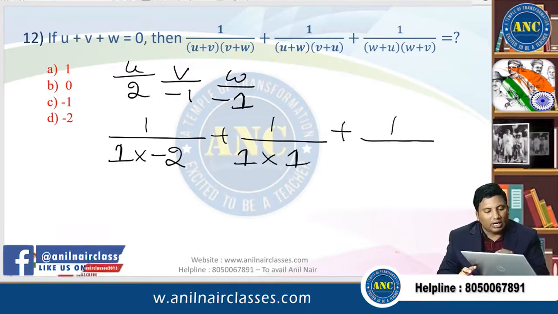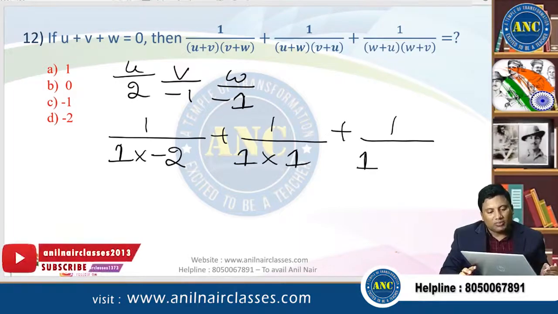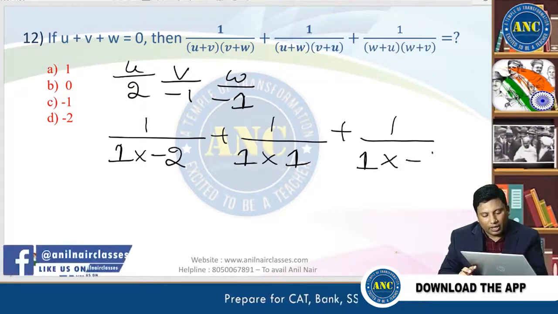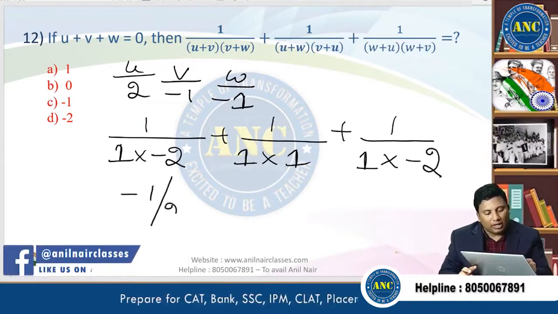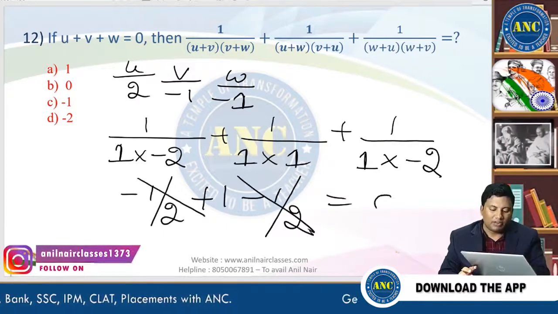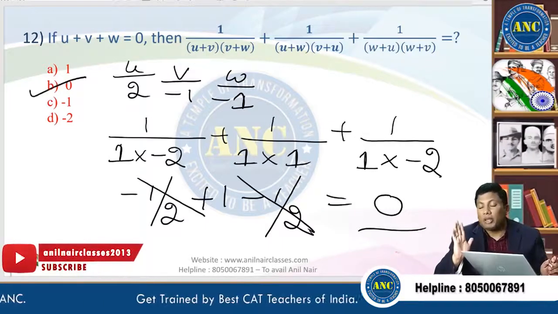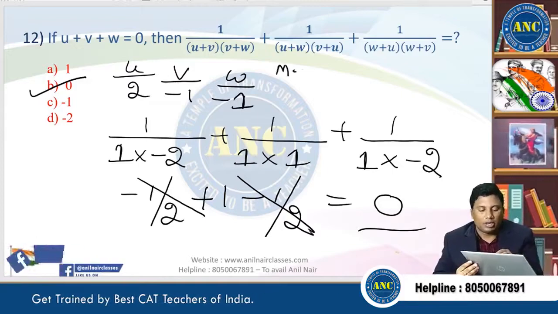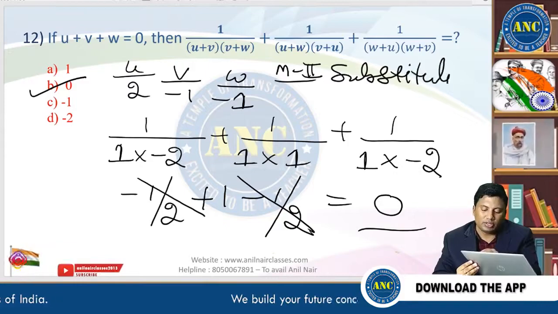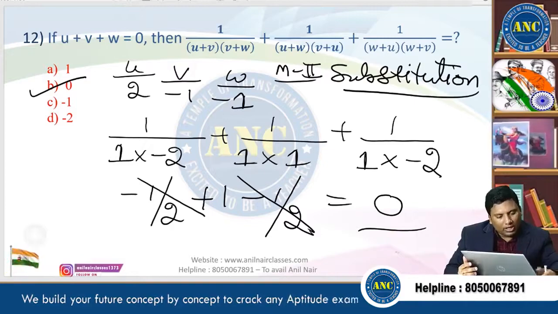Plus 1 by W plus U, 2 minus 1, 1. W plus V, it is minus 2, which is minus 1 by 2, plus 1, minus 1 by 2, minus of 1, 1 plus 1, 0. Idea clear? Method 2 is substitution. I hope the idea is clear. Method 1 and method 2.